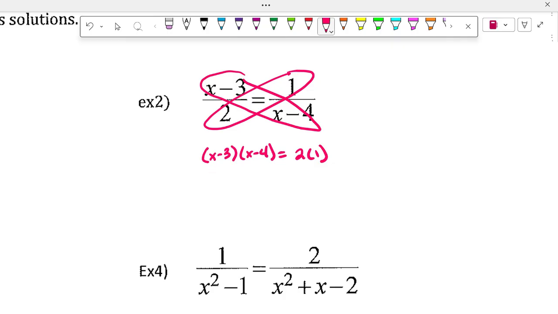So if you do the box method, and I'm not going to do the box method, I'm just going to say that you need to do the box method or FOIL. But if you do the box method, you'll get x squared minus 7x plus 12. And it's going to be equal to 2. So the last one was a linear equation. What type of equation is this? Quadratic. So how do I solve it?